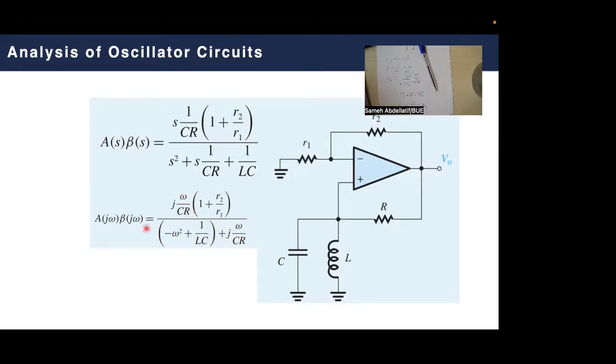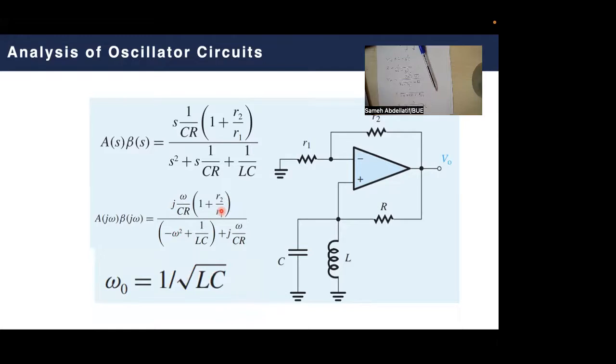So simply, a resonance will occur here when omega naught equals 1 over root LC, because when you have omega naught equal to 1 over root LC, this term will be canceled. It will be negative 1 over LC plus 1 over LC, and then you will have this term. However, as you can see, it is impossible to make this term typically equal to 1 because you will still have 1 plus R2 over R1, which cannot be 1 because you cannot make R2 over R1 equal to 0.